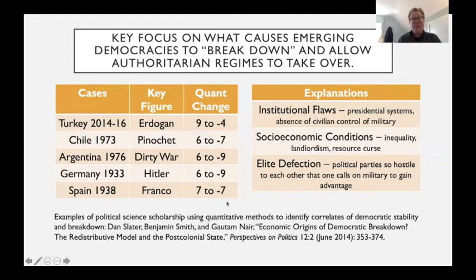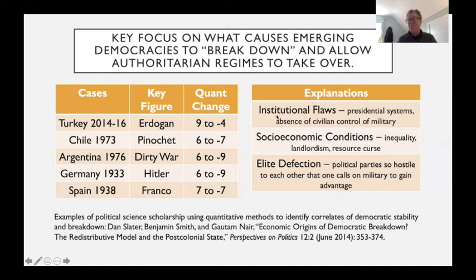Now, if any of you are interested in how political scientists actually use this quantitative analysis using these numbers, I've given you a citation here of one example of a study that looked at large numbers of regimes over the post-war period and tried to understand why some of them suddenly broke down and others did not.